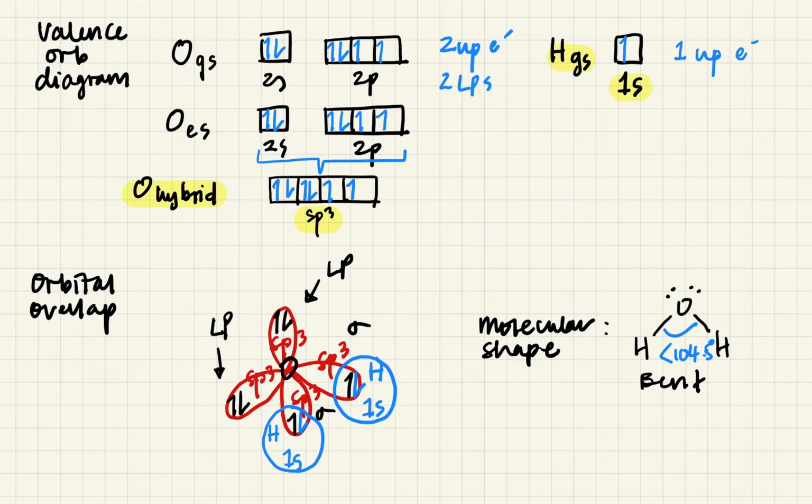Okay? So, are we done with the orbital overlap? We are done. Okay? So, if you look at your molecular shape here, you have 2 sigma bonds and here 2 lone pairs, right? Okay. So that your water molecule, salah tekan.